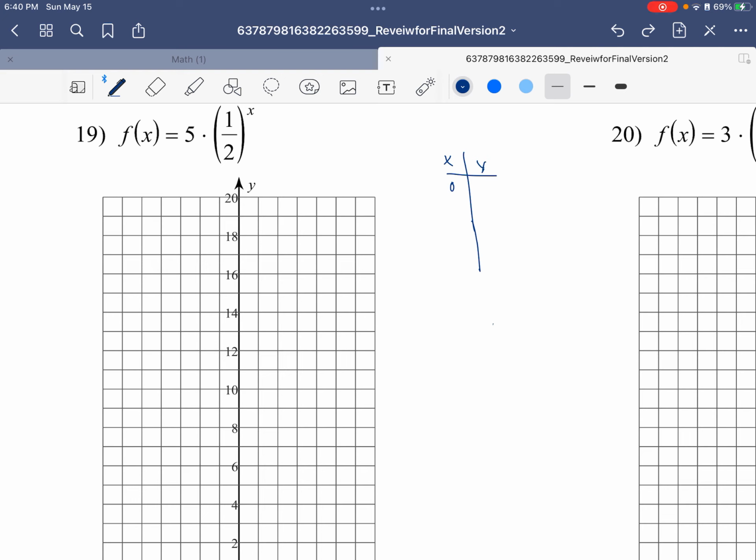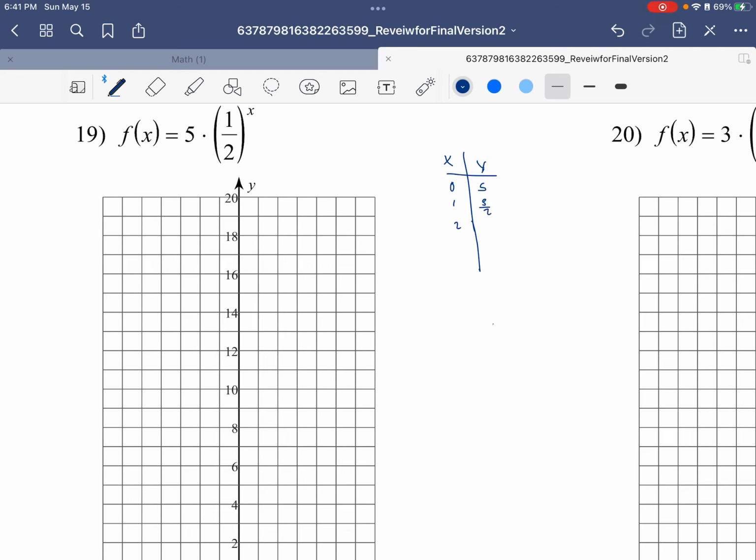1 times 5 is 5. Okay, let's put 1 in. 1/2 to the power of 1 is just 1/2, and then 5 times 1/2 is 5 over 2.